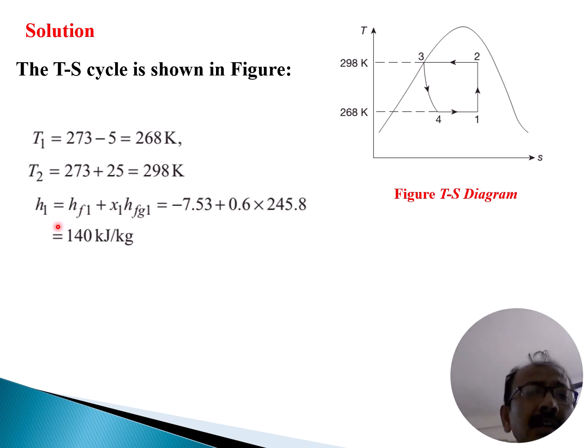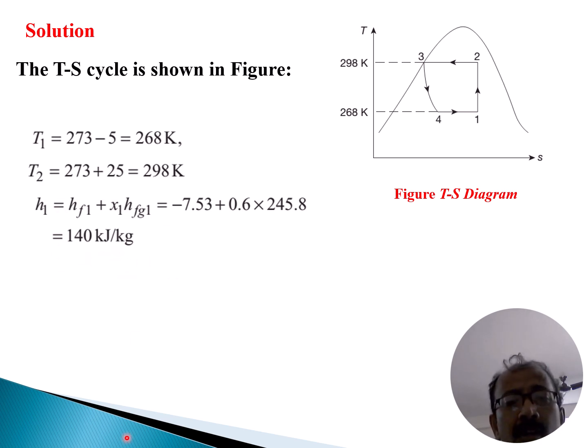And h1, the enthalpy at state point 1, is hf1 plus x into hfg1. You can directly put the value of hf1, the dryness fraction of 60% already mentioned in the problem, and hfg1 that is 245.8.